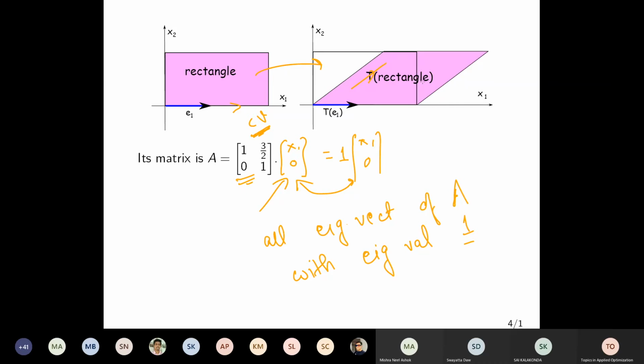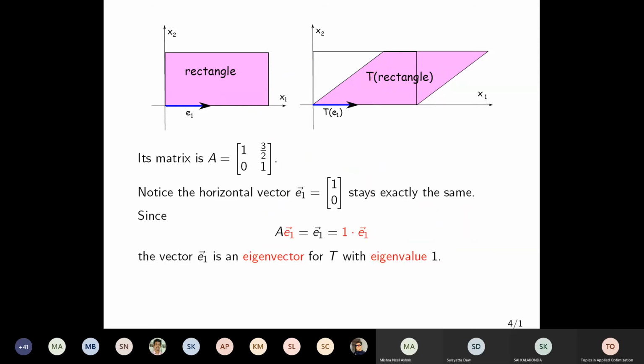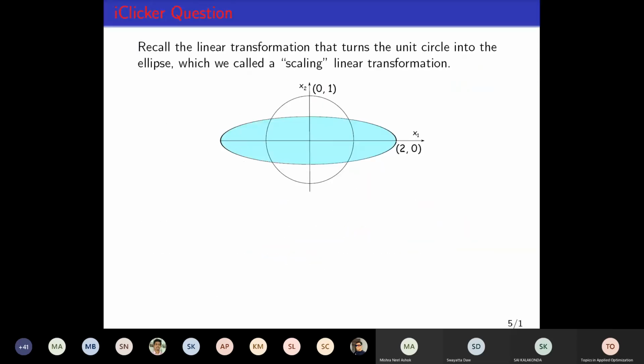These things also play a role in optimization theory, which we will see later when we discuss the optimization part. For example, think of a linear transform.